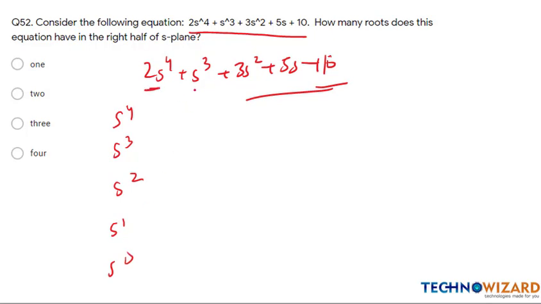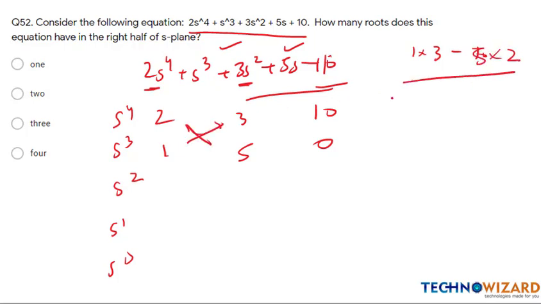The first row is 2, 3, 10 and the second row is 1, 5, 0. Now, 1 into 3 minus 2 into 5, divided by 1, you will get minus 7 here.